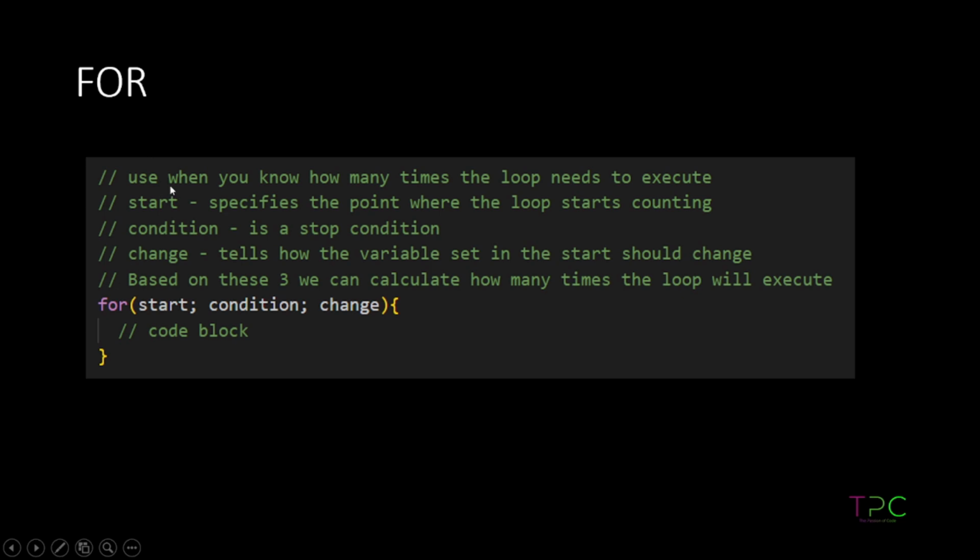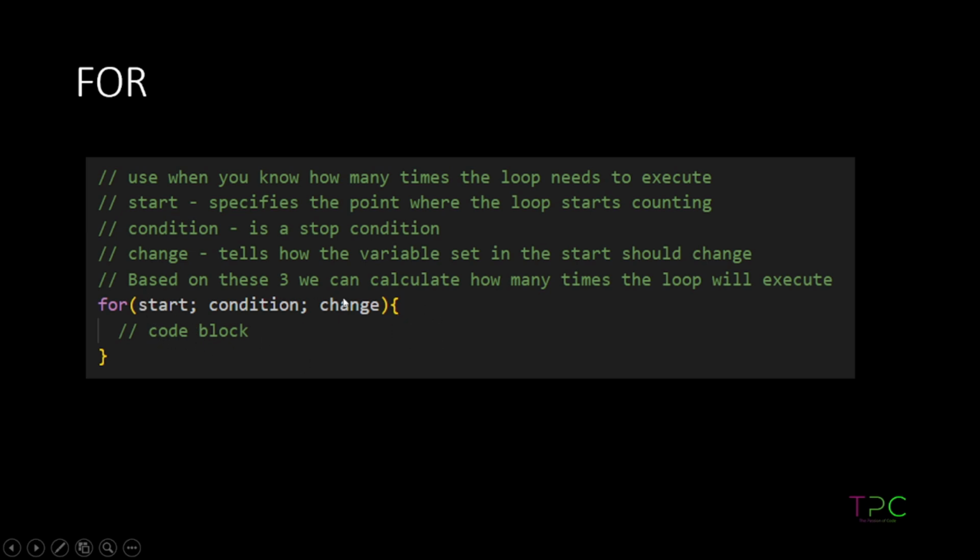The first loop, for, is used when we know how many times the loop needs to be executed. So here, as you see in the example, this is the syntax. We put the for keyword, then rounded brackets, and for the block which should be executed, curly brackets, open and close.